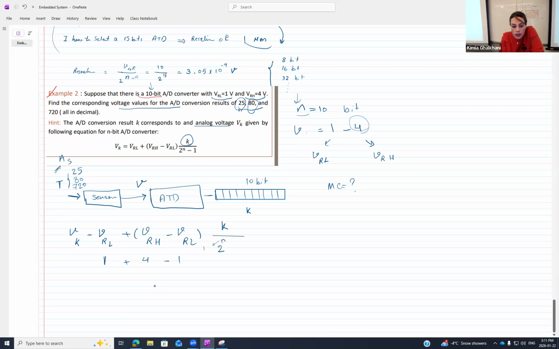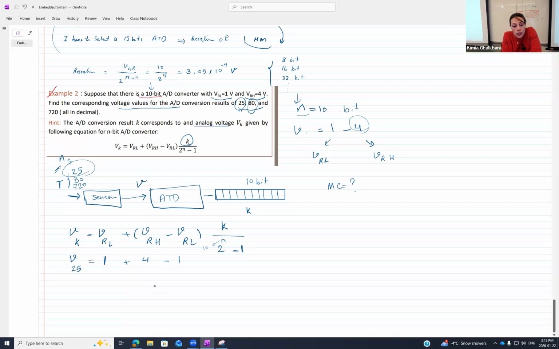So then this is going to be 10, right? Number of bit, N is number of bit, minus 1. So now you know whatever I'm having in here is coming from this equation. This is the equation. Now if you calculate it for different numbers, this is going to be different. I'm going to do it for V25. Then in here, I have to say V25 to calculate for 25.